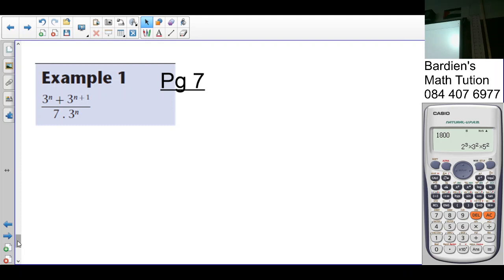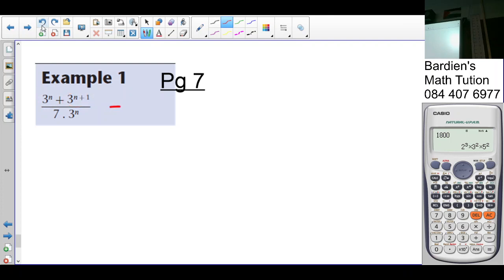So what are we going to break up here in the numerator? 3 to the n plus 1. That's what that first bullet told us. Okay? Do we need to split this up here? No. There's only one unknown. Not so.